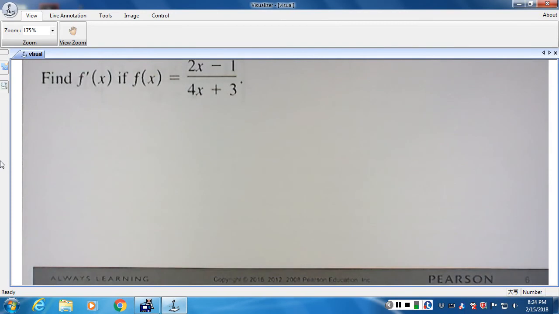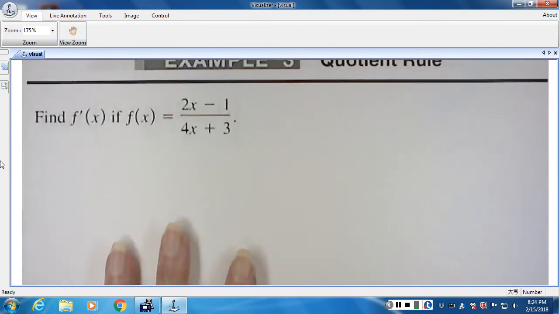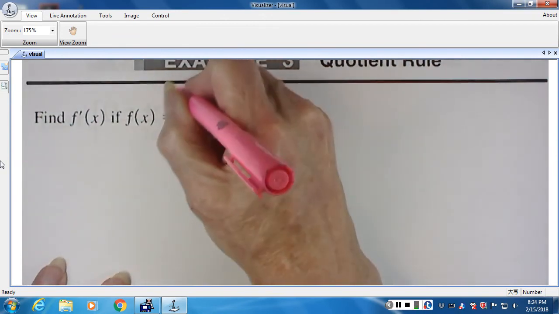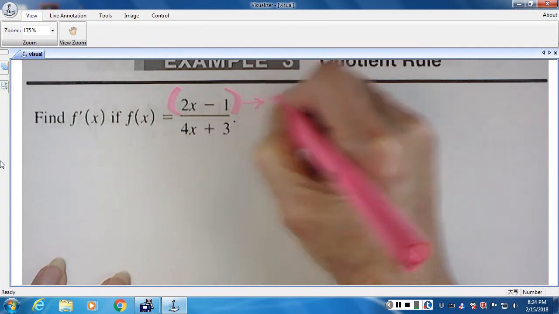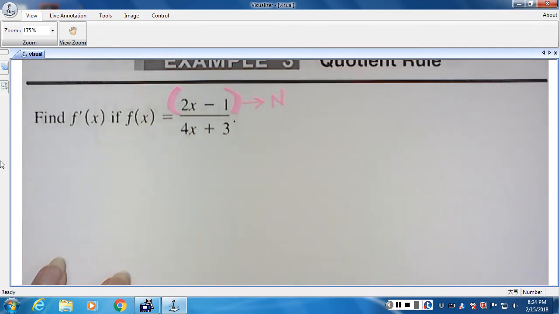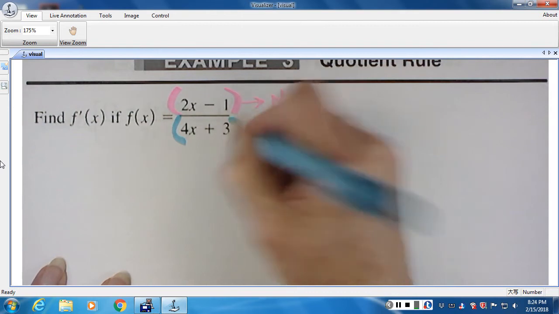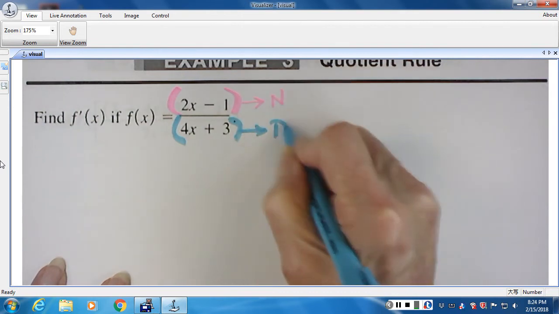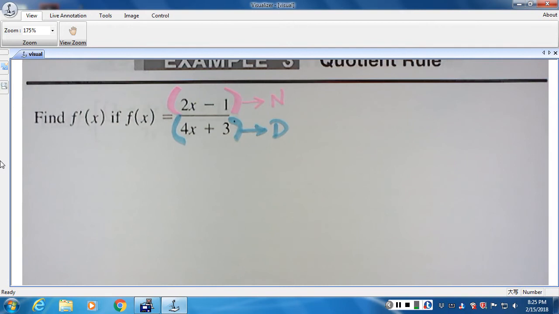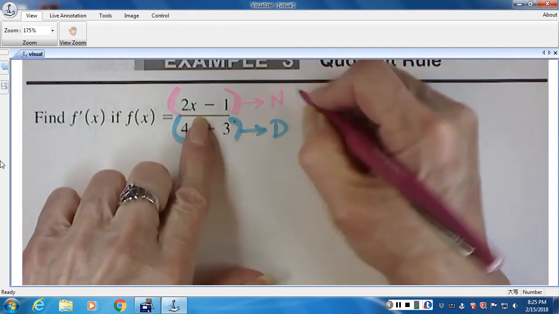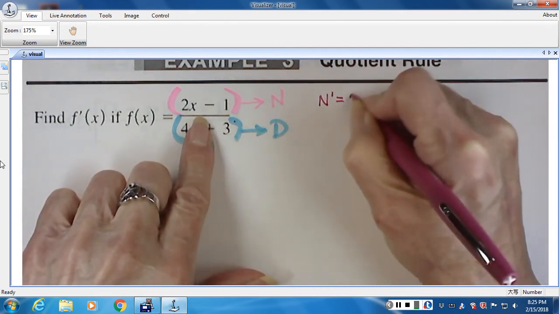This is a quotient rule. It works similarly. It is not identical, but it is very similar. In a quotient rule, you have a numerator and you have a denominator. The way that it works that's different in a quotient rule, you're still going to take the derivative of the numerator, which is 2.